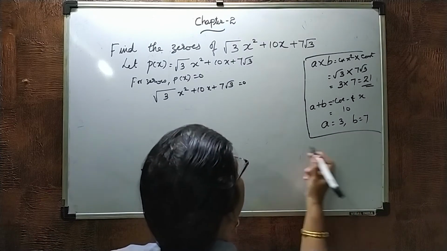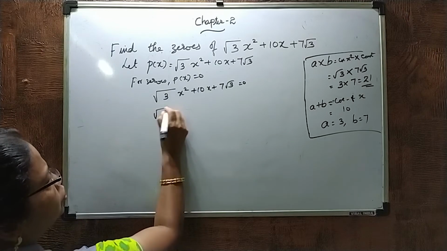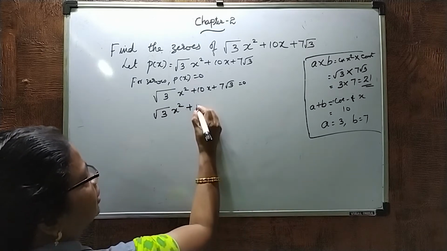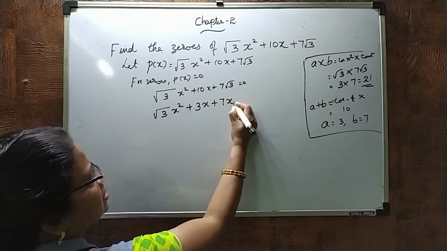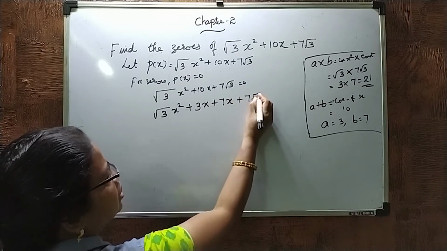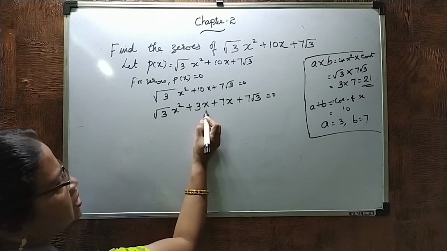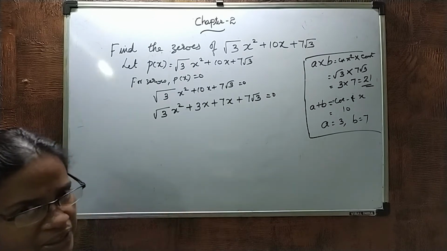So now look, we will apply here. So it will be root 3 x square plus 3x plus 7x plus 7 root 3 equal to 0. Here 3x I just applied, because root 3 is there, 7 is there, 7 is there.